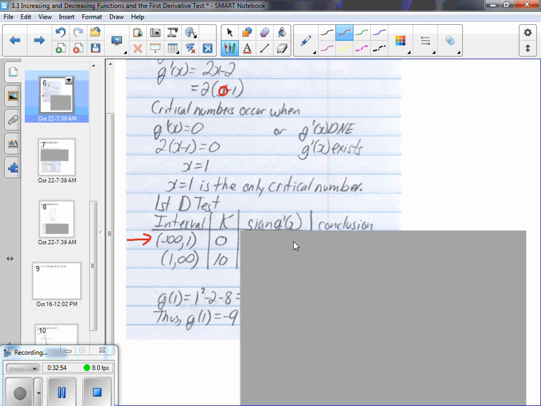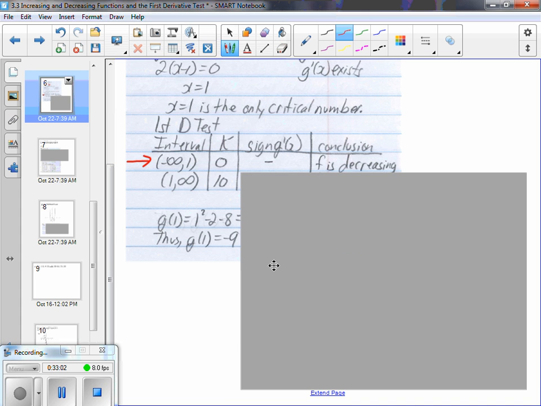And if the derivative is negative, is our function increasing or decreasing? It's decreasing. So all I do is put negative, and then my conclusion is that f is decreasing. Now, just because it's negative in the first interval doesn't necessarily mean that it's positive in the second interval.